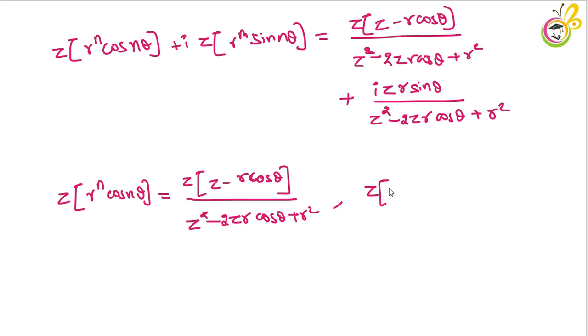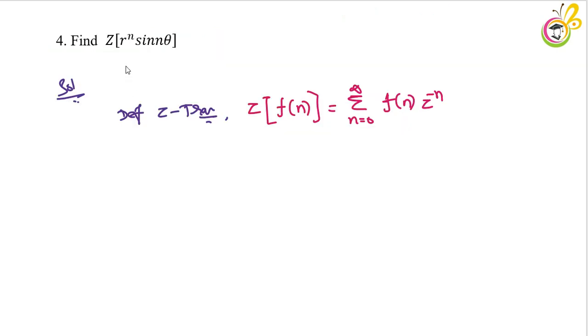Then the second term, Z of r^n sin n theta, equals z r sin theta divided by z square minus 2 z r cos theta plus r square. So we also proved the fourth result, that is Z of r^n sin n theta. So this is also done.